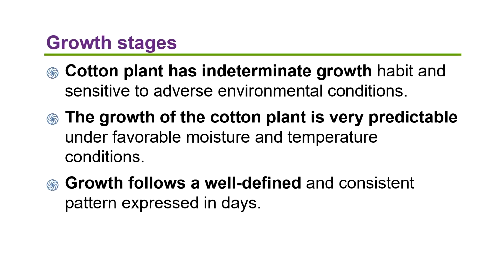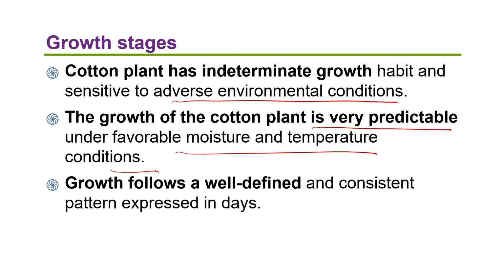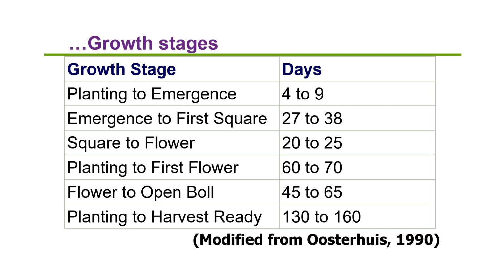So cotton plant has an indeterminate growth habit and is sensitive to adverse environmental conditions. The growth of the cotton plant is very predictable under favorable moisture and temperature conditions. Growth follows a well-defined consistent pattern expressed in days. So you can see the different growth stages under three important phases. So planting to emergence, normally it takes 4 to 9 days, sometimes up to 10 days.